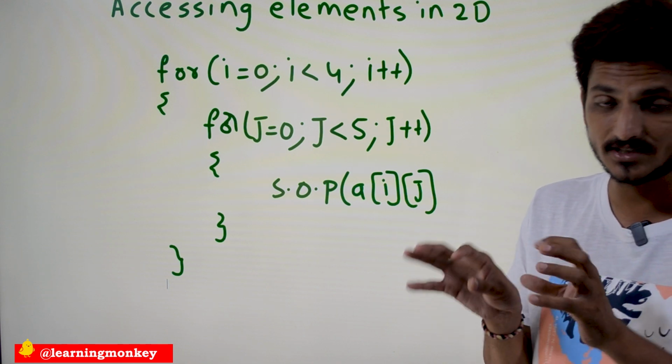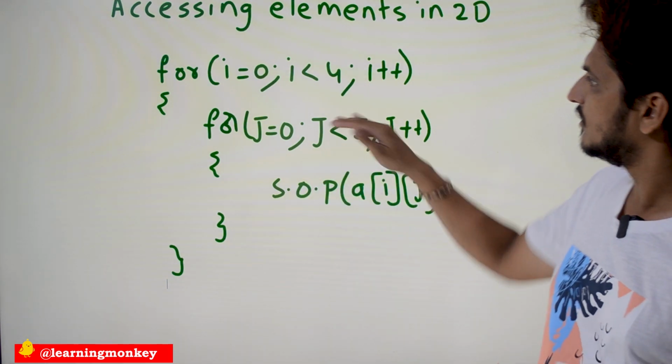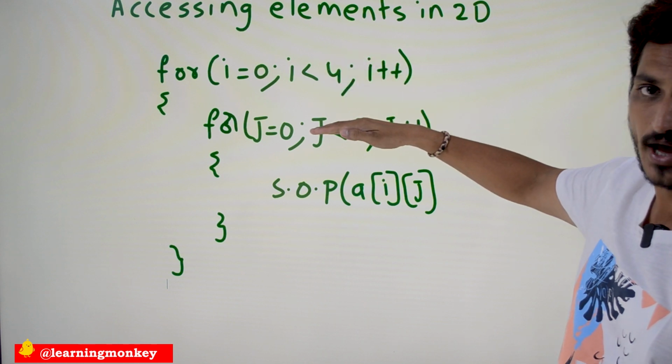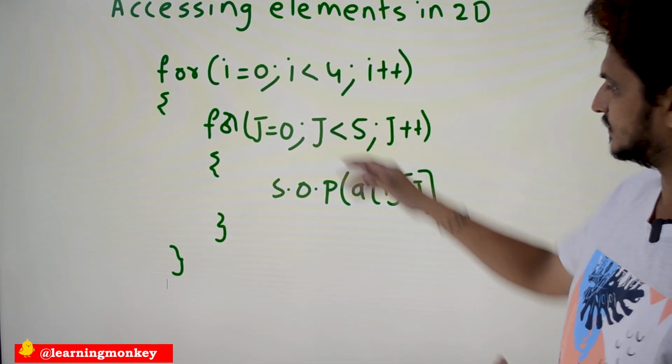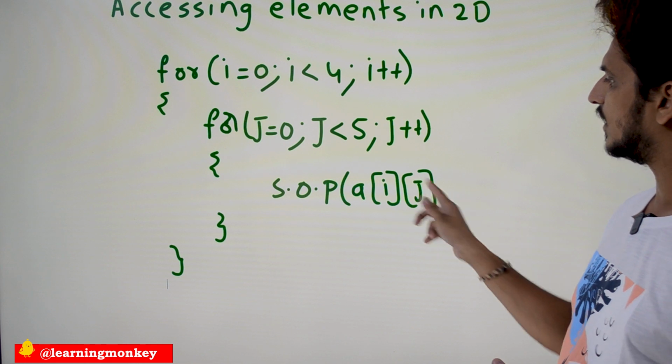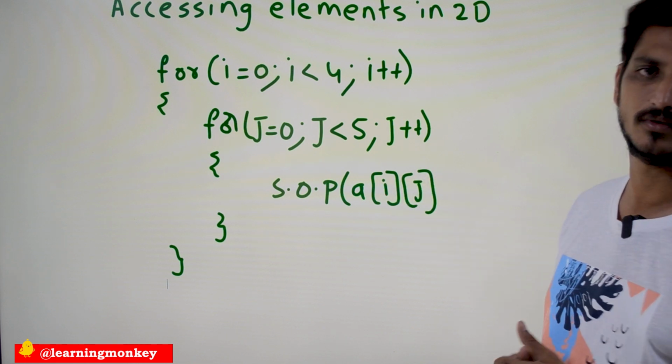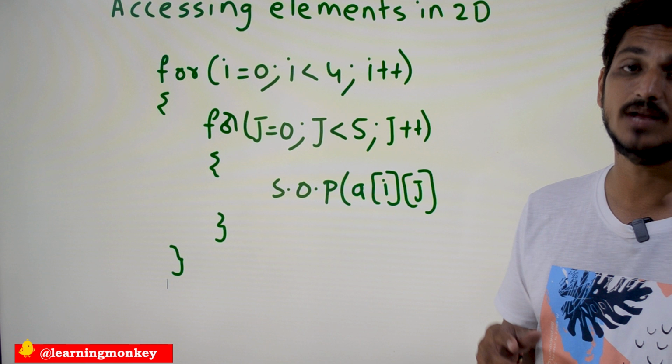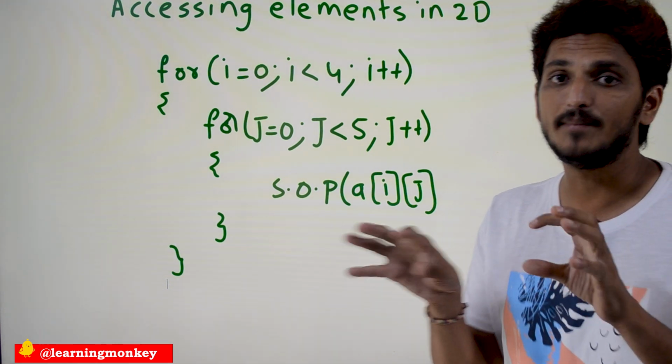So we are going to access the elements that are present in that position. For i is equal to 1, again j is going to execute 5 times. 1, 0, 1, 1, 1, 2, 1, 3, 1, 4. That is how it is going to access the elements that are present in the 2-dimensional array.